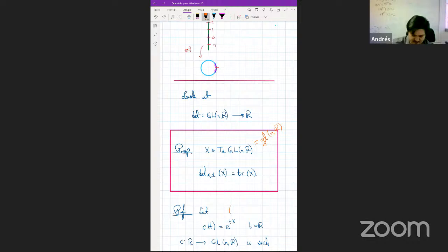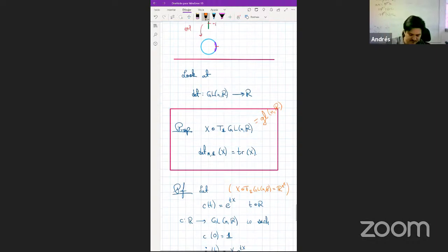Right, remember here that this is an n by n matrix. So I take the exponential of that.